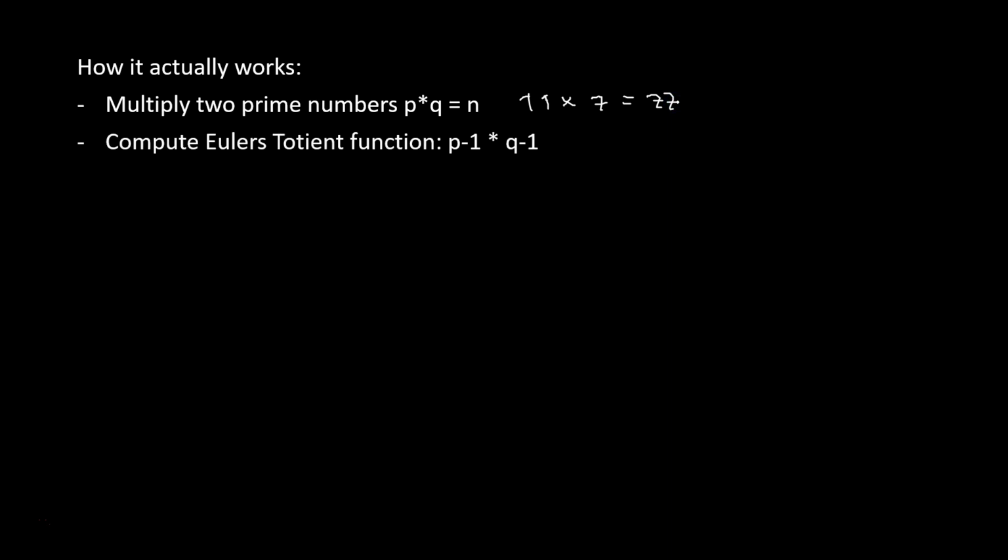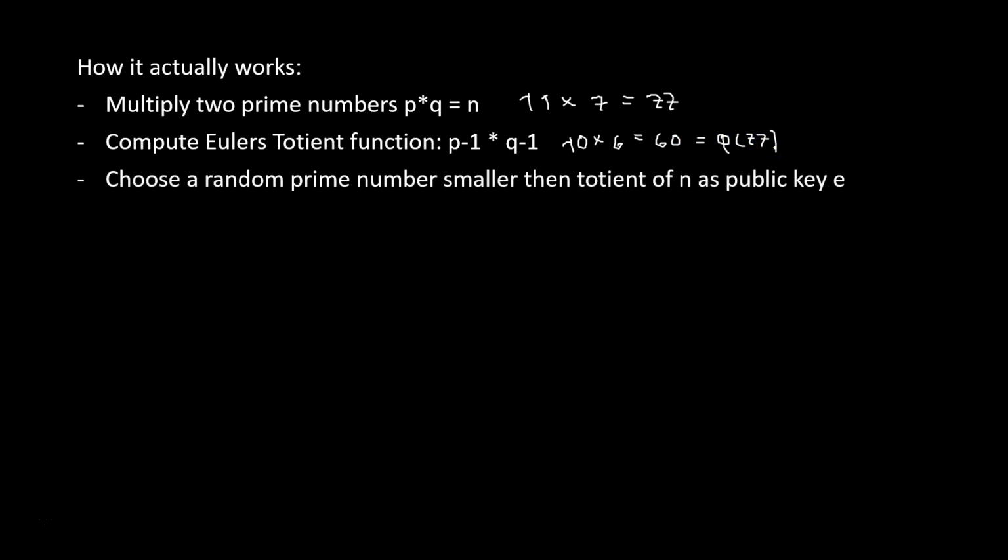Next, we're going to compute the Euler's totient function, which is simply going to be 10 times 6 equals 60, which is the phi of 77. Then we're going to choose a random prime number smaller than the totient of n as a public key e. So some number smaller than 60.